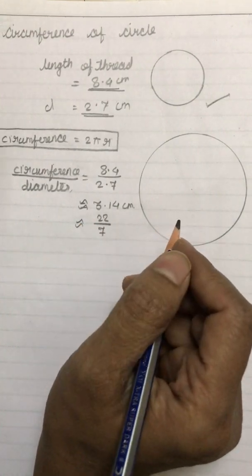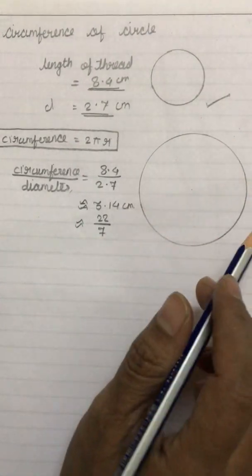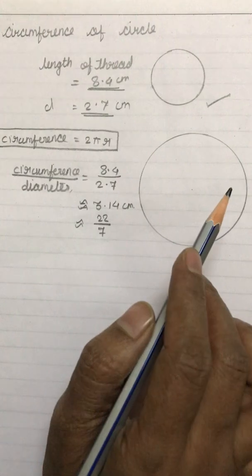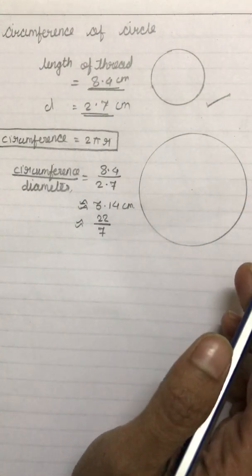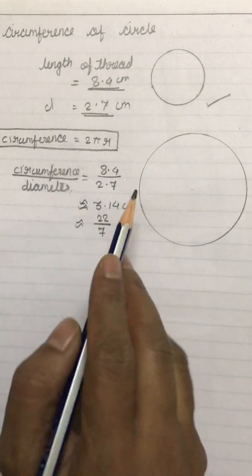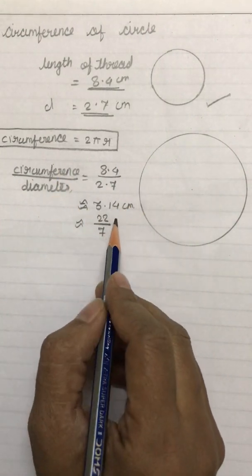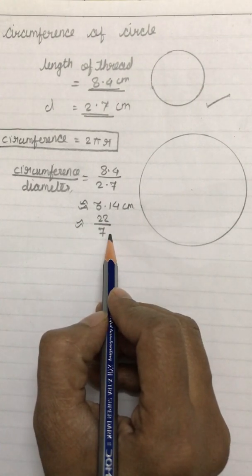You can do this experiment with different types of circles. Use a thread to measure the circumference and the scale to measure the diameter. Whenever you divide the circumference by the diameter, you will get the same value, either 3.14 or 22 by 7.